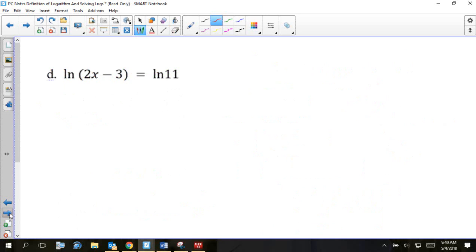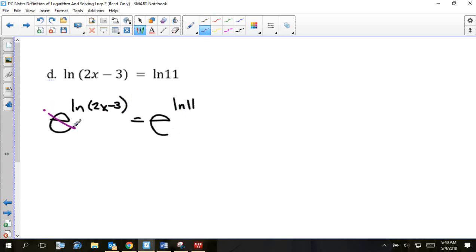Alright, next one. We got ln of 2x minus 3 equals ln of 11. What's going to cancel out ln? E. And E is a base. So we are going to exponentiate both sides. We're going to exponentiate each side. I'm going to have E to the ln 2x minus 3 is E to the ln 11.